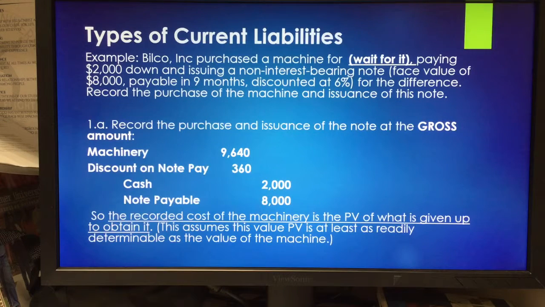And if in fact it's a toss-up between those two, then we will use the value of what's given up in order to obtain it as the basis of recording the value of that asset in our records. So here, debit machinery $9,640, which represents the fair value of the cash and the note that we are surrendering or giving up in order to obtain this piece of machinery.